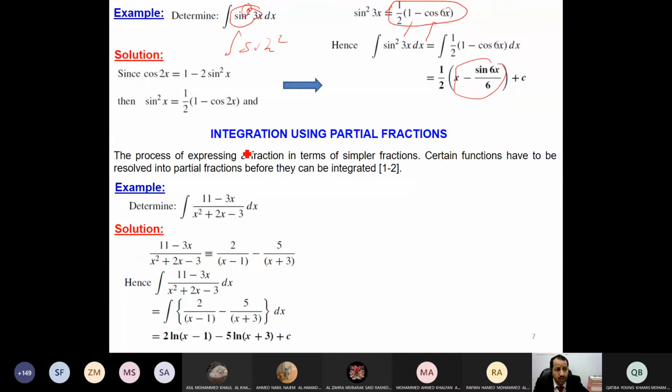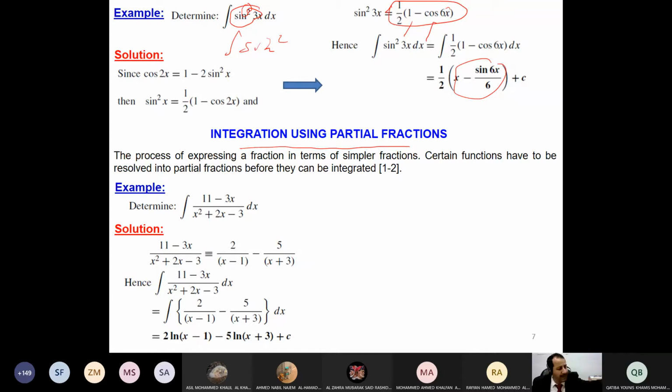Method number 3 is called integration by partial fractions. You remember partial fractions, you studied this in the foundation year. When you are given a fraction which is complicated, what do you do? You simplify it and split it into simple separate fractions. This is what you do.